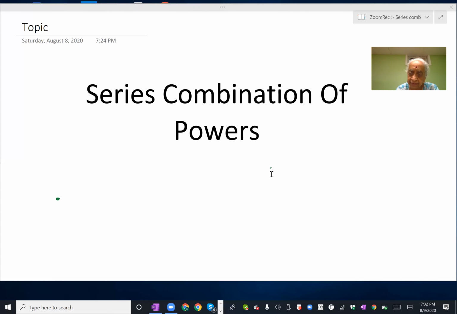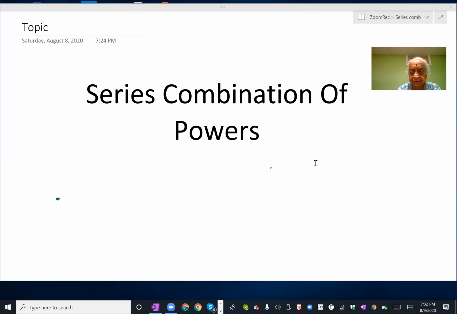When the three are connected in series, you know how to connect the resistances in series. Same way, the devices have to be connected in series, and then the entire circuit should be connected across a voltage supply Vs. Here, Vs can be different from V marked, or it can be equal to V marked.